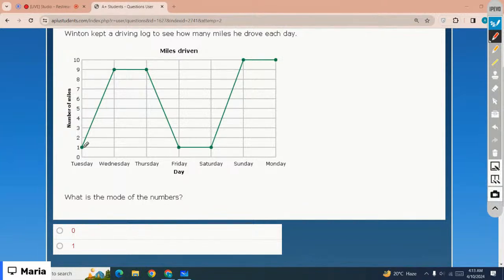You can see here 1. You have one, two, three dots in front of 1. 9 has 2 and 10 has 2, right? So mode is the number that appears the most of the time in the given data. So the mode is 1. The correct option is 1.